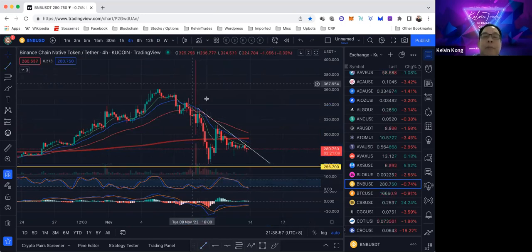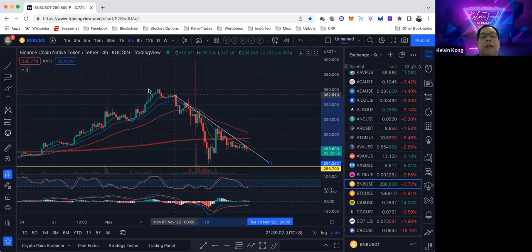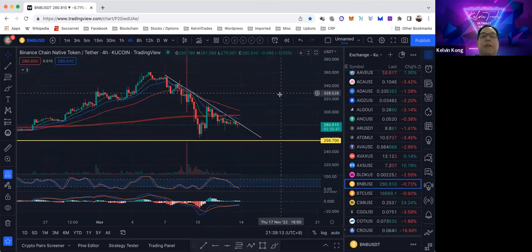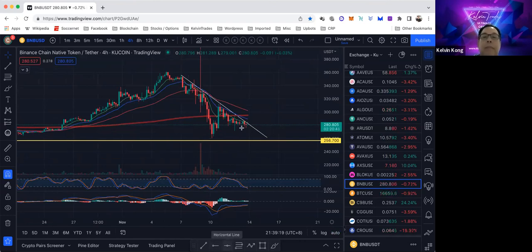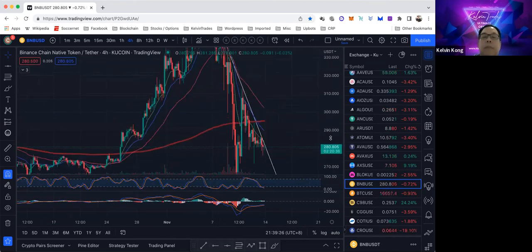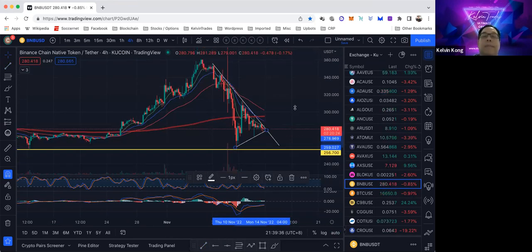Okay, this is definitely manipulation, so we ignore the line. Okay, right. There you go. Oh, very close to breakout on a 4-hour chart.